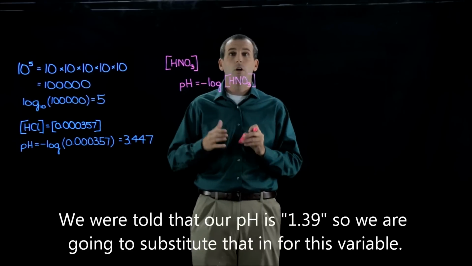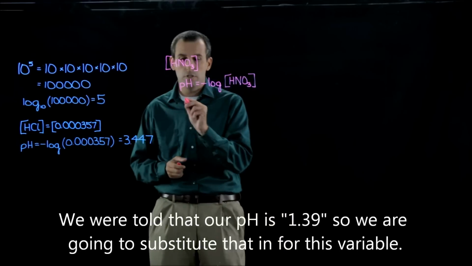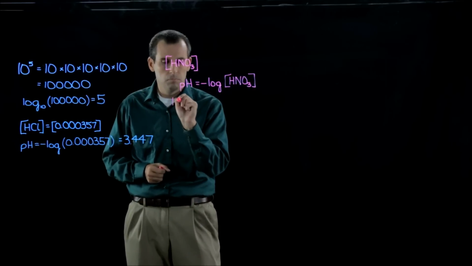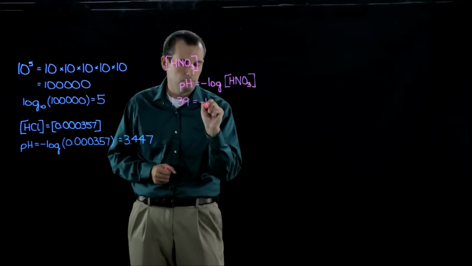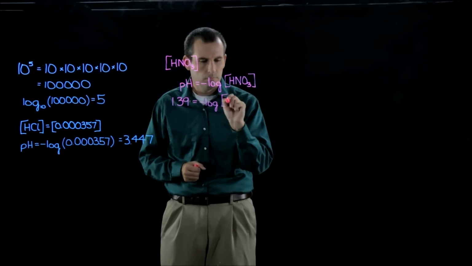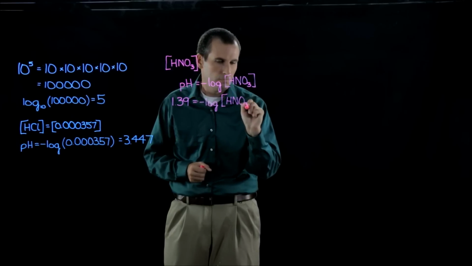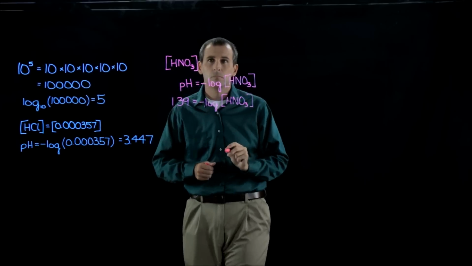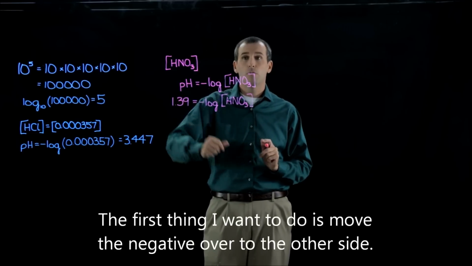We were told that our pH is 1.39, so we're going to substitute that in for this value. The first thing I want to do is move the negative over to the other side.